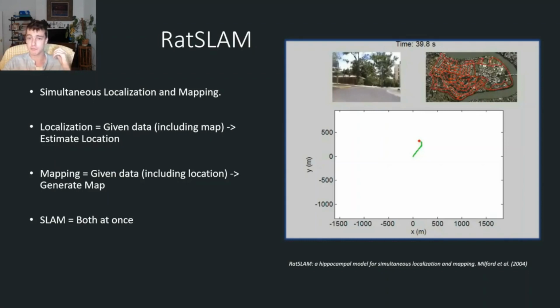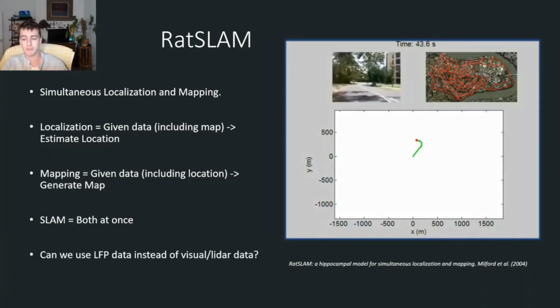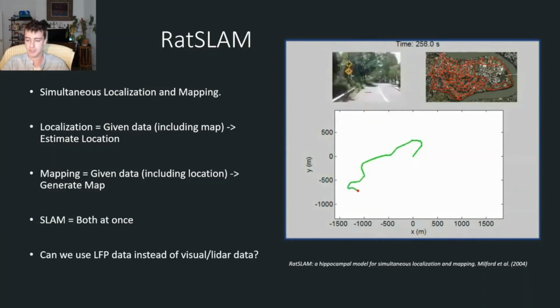As you can imagine, it's a really common problem with autonomous cars, any autonomous vehicles, but attempting to apply any SLAM solutions to neural data is completely novel. And the rat part of the RatSLAM algorithm comes from the fact that this version of SLAM was inspired by place cells and head direction cells and the ways that the rat brain uses these to navigate.